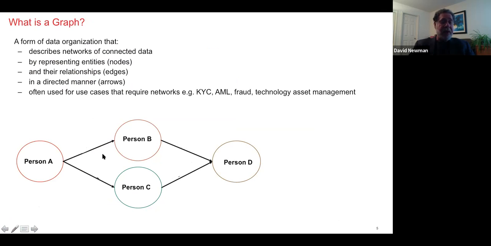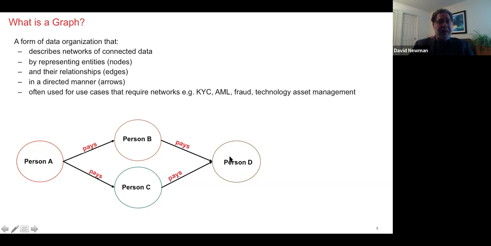For example, we could say that person A is a node, person B, C, and D are examples of nodes. And we can label the edges with the predicate pays, and we can then get a visualization and a data structure that indicates that person A pays both person B and C both pay person D.